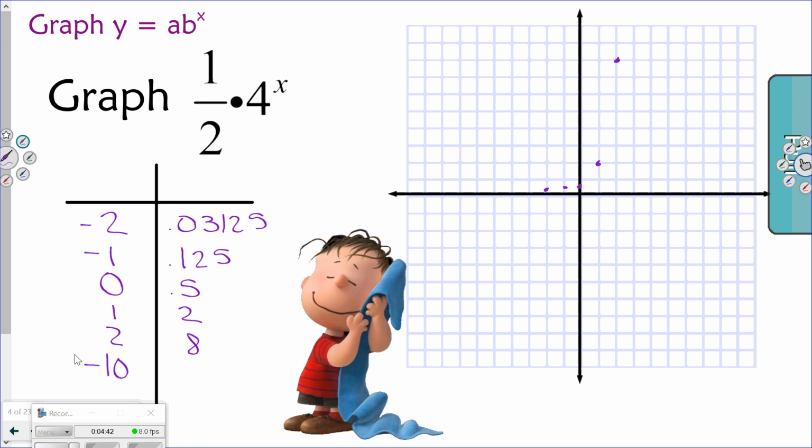As I went back to -10, did it drop into the negatives? No. Is it really, really close to 0? Mm-hmm. So the further I go out here, the closer and closer and closer it gets to 0. It's never going to reach 0. Ever. So this graph, I'm terrible at connecting points here, but it's going to look something like that.